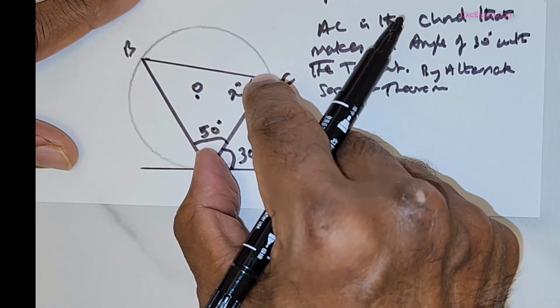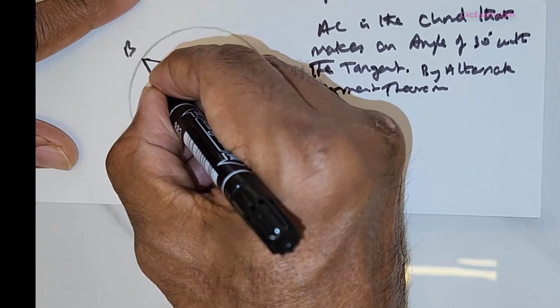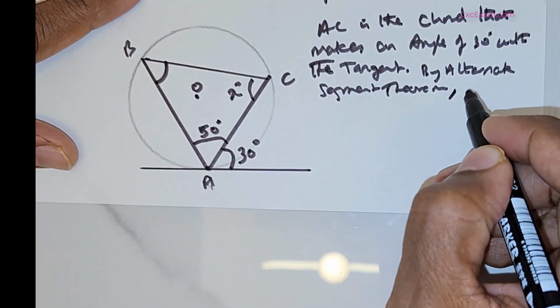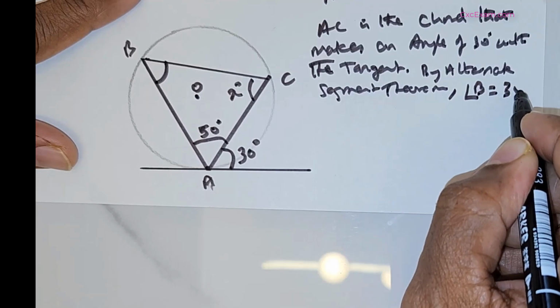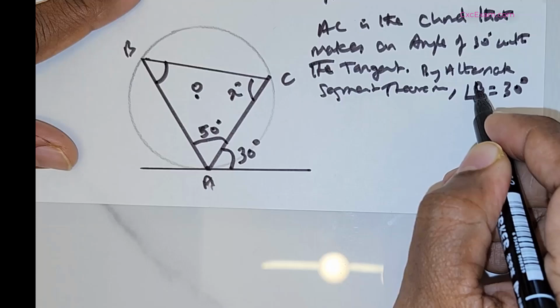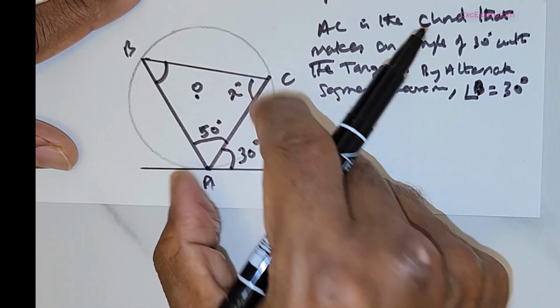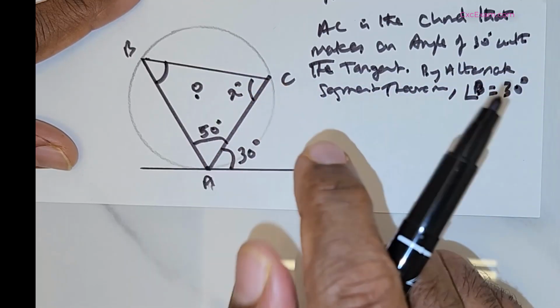So this is the chord that is subtending an angle over here. So that means angle at B will be equal to 30 degrees, okay, by the alternate segment theorem.